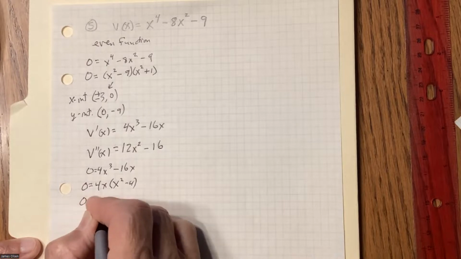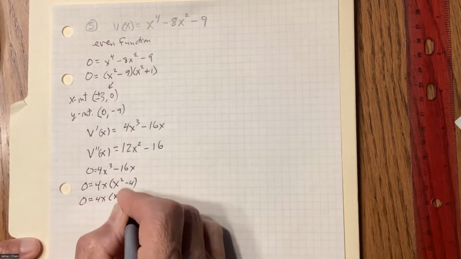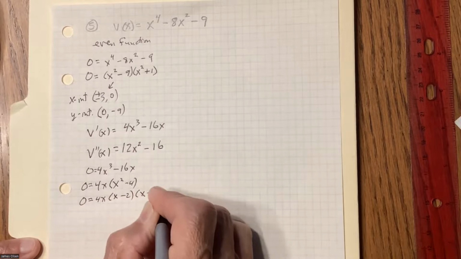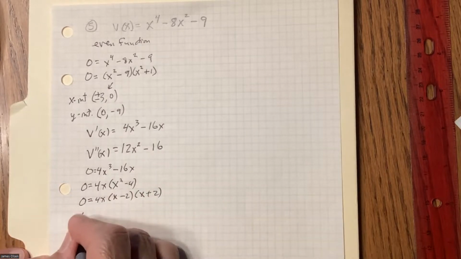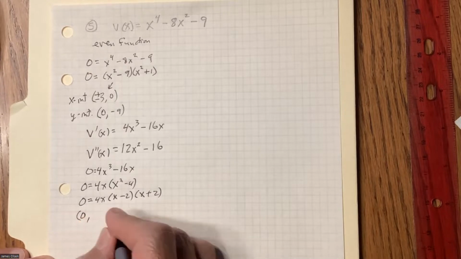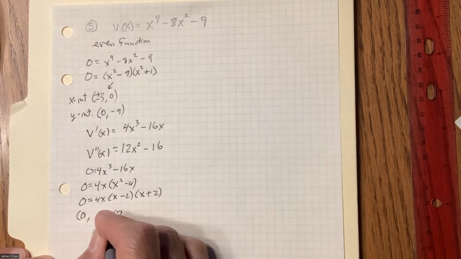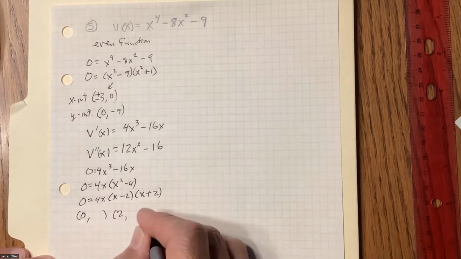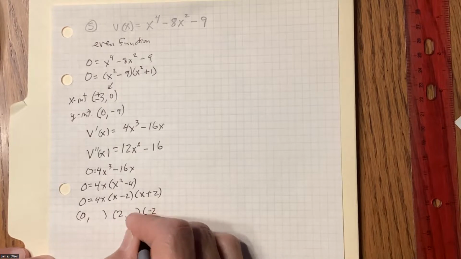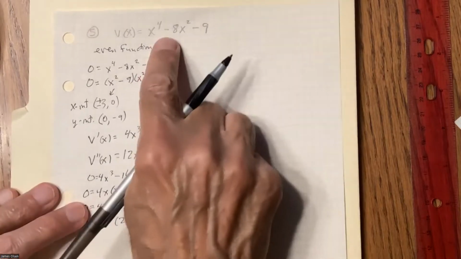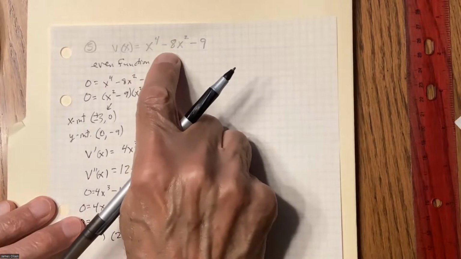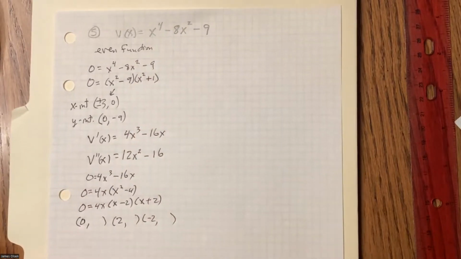So we have 4x times x minus 2 times x plus 2. So we're actually getting 3 critical values, 0, 2, and -2. Now we need to substitute these values into the original equation in order to get the output. Let's do that.